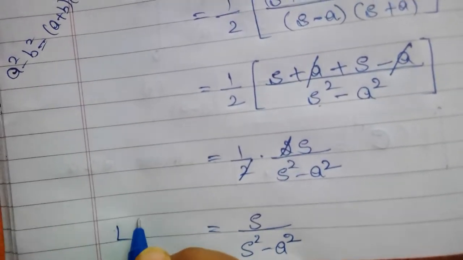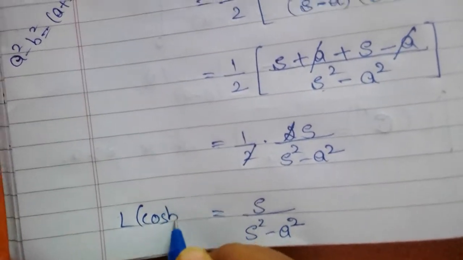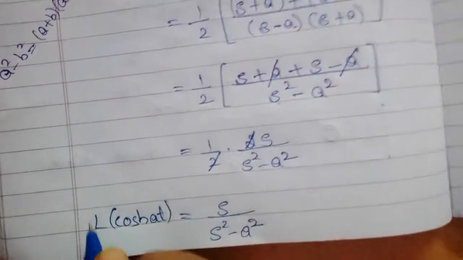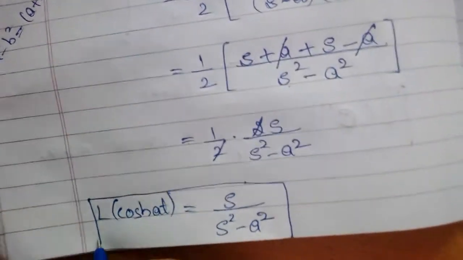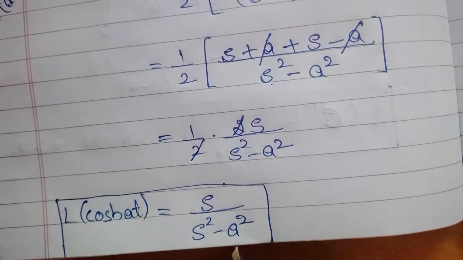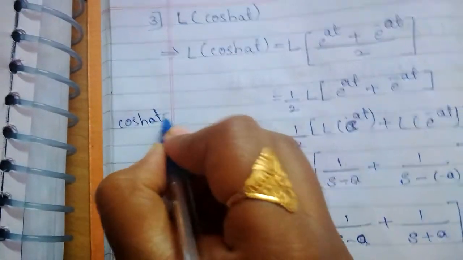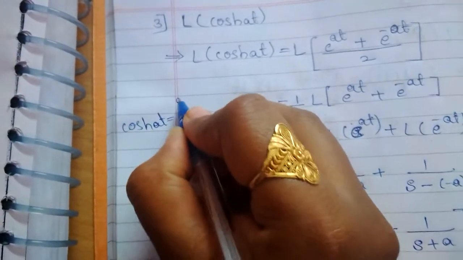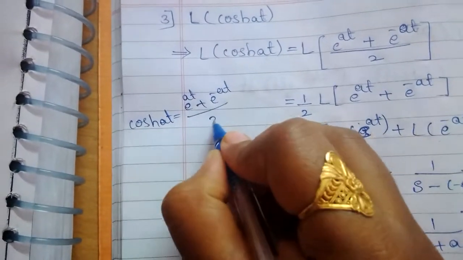Therefore Laplace transform of cosh at is equal to s divided by s square minus a square. So here first we have to take the result of cosh at, that is cos hyperbolic at is equal to e raised to at plus e raised to minus at divided by 2.